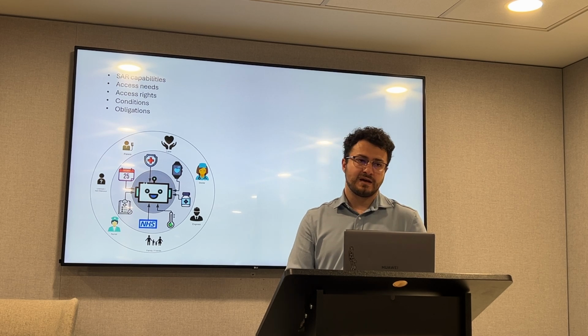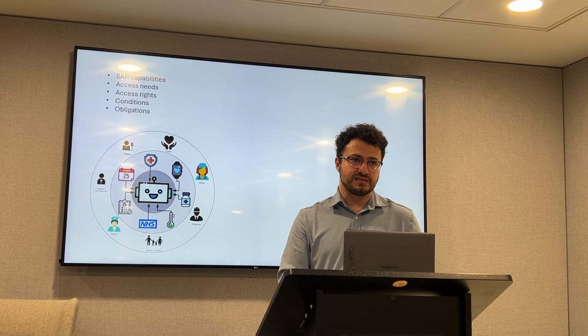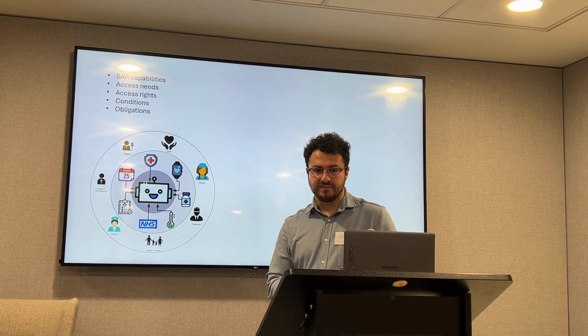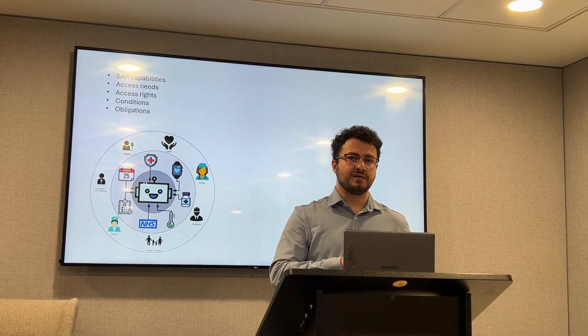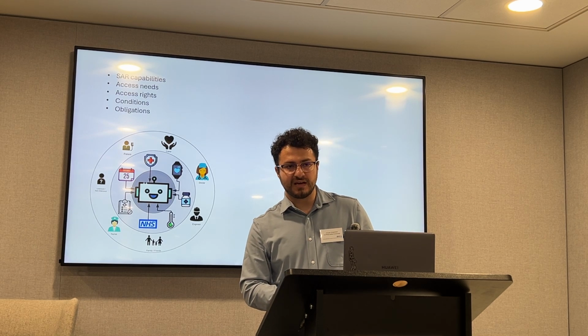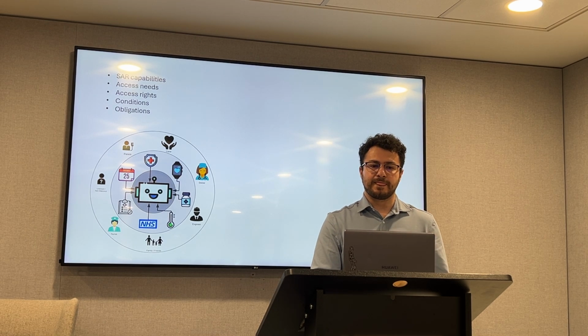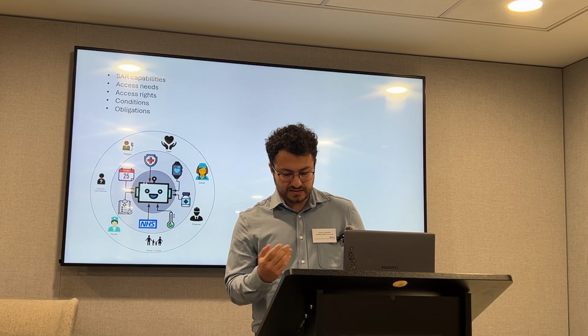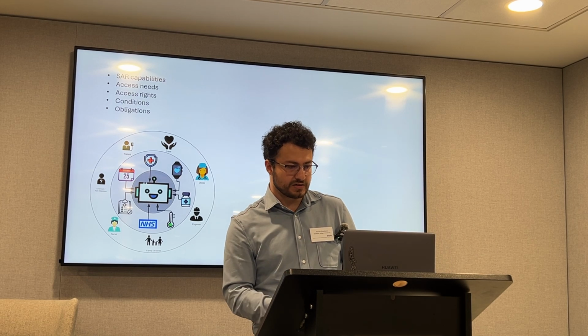Conditions being things such as the timetable or the rota of when the staff can access such data, and obligations such as the access log. So once they access information, it should be logged.